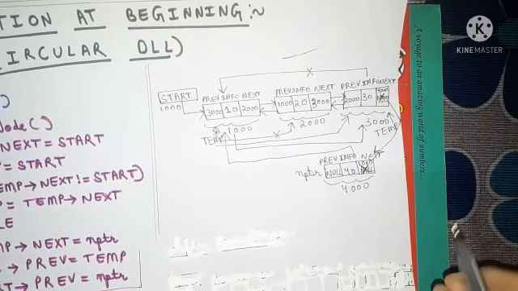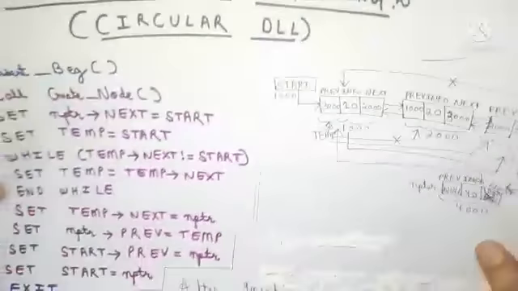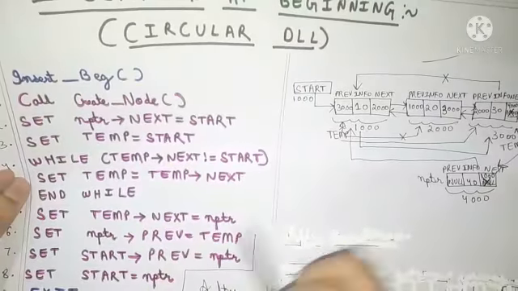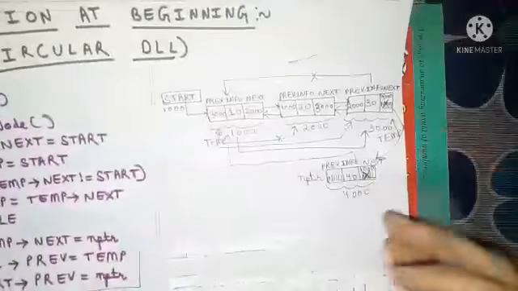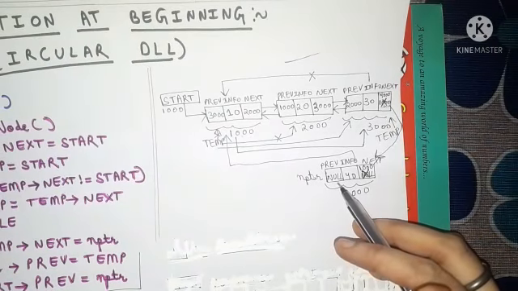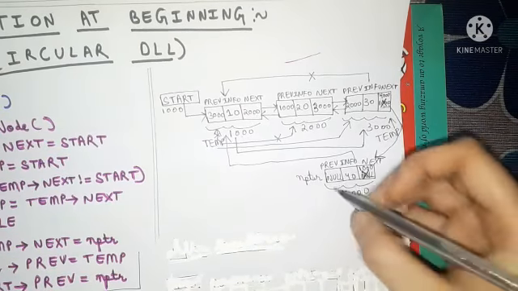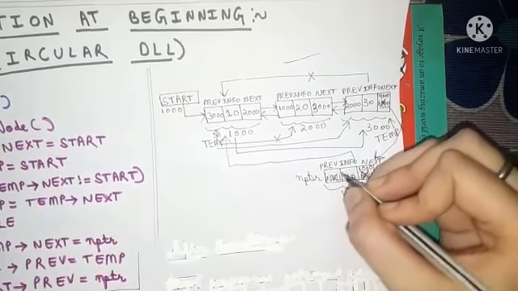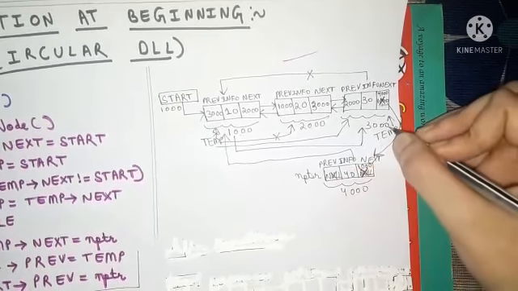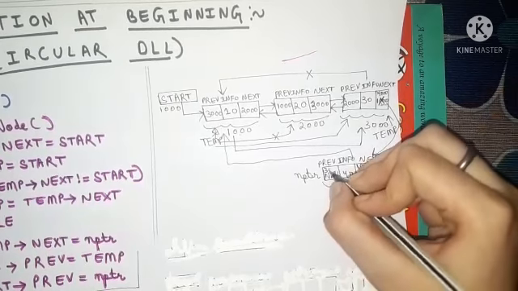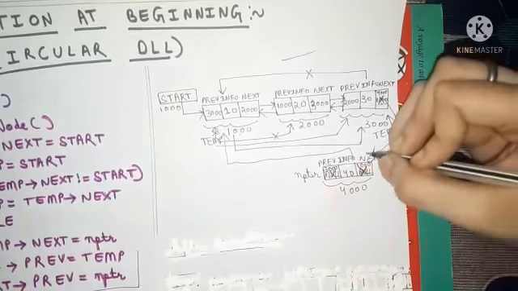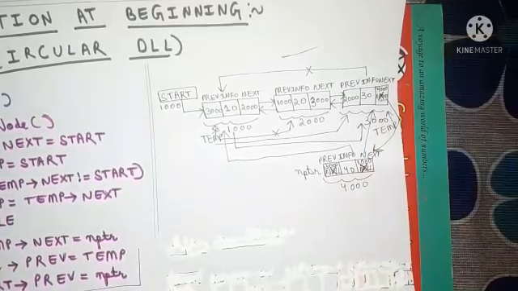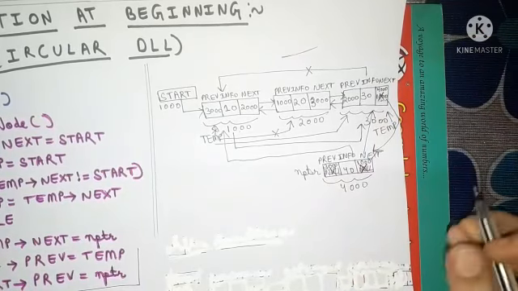After that we will set nptr prev is equal to temp. Here the previous part of nptr will no more store the address of null, but it will store the address of temp, that is our last node, 3000, and this will point back to our last node whose address is 3000, that is temp.